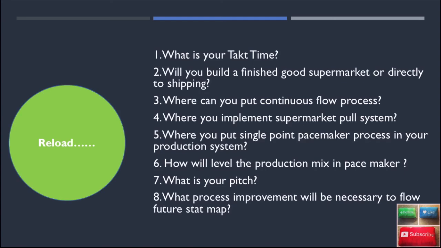Seventh is your pitch, meaning at what interval you will check the process each time, how the kanban will be moved. Eighth is what improvements need to be made to follow every above-mentioned thing. If you follow everything in this order, then you can create a future state map.